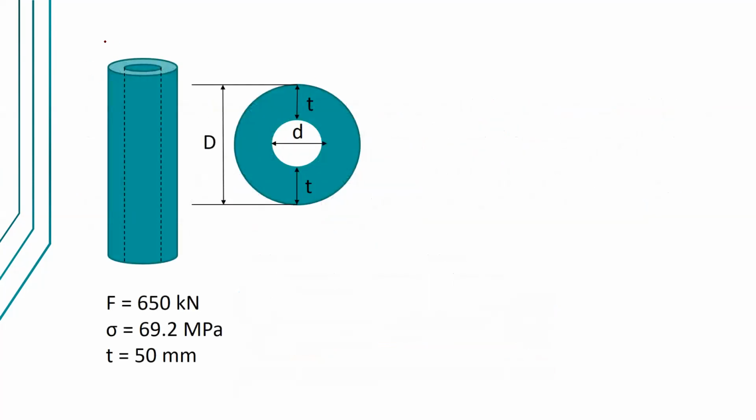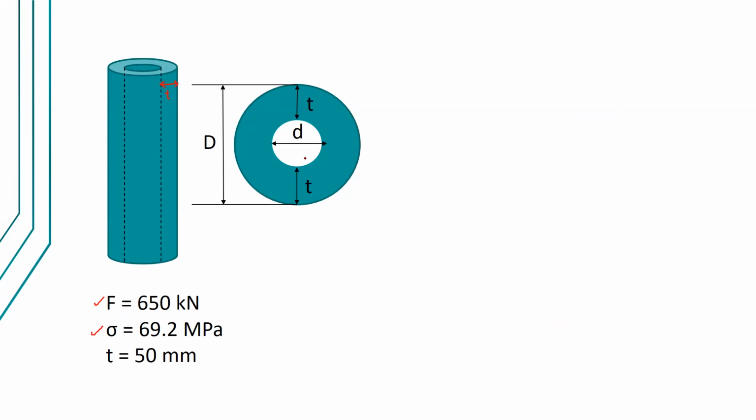So, for example, this is the cylinder for bone replacement for the diaphysis. We want this replacement to support a load of 650 kilonewtons, but the allowable stress for this material is 69.2 megapascal. And this is the thickness, which we want to be 50 millimeters.